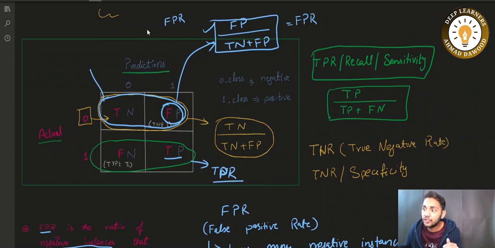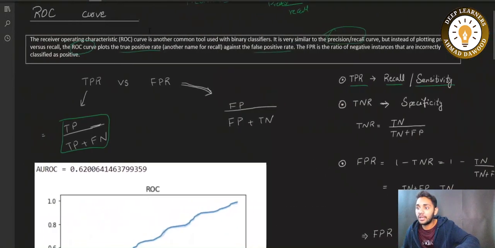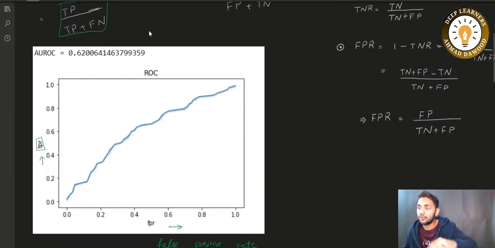In the case of true positive rate, we are considering how many positive instances are correctly classified. So in ROC, on the x-axis we plot FPR, the false positive rate, and on the y-axis we have the true positive rate.